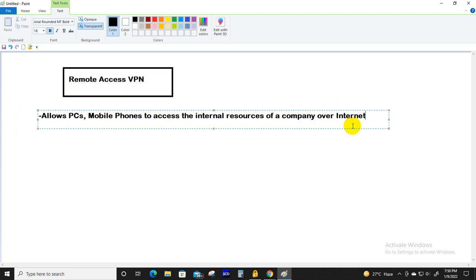That means you are sitting in your home and you are accessing your company's internal network to do your job. This is the best example of work from home.